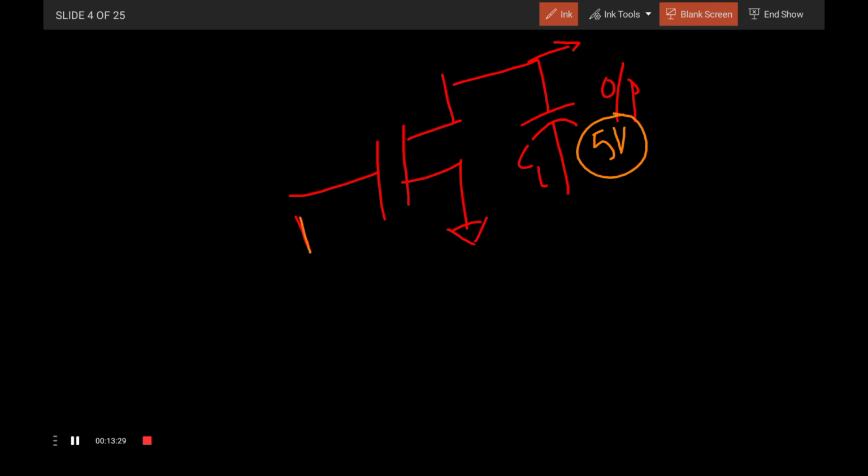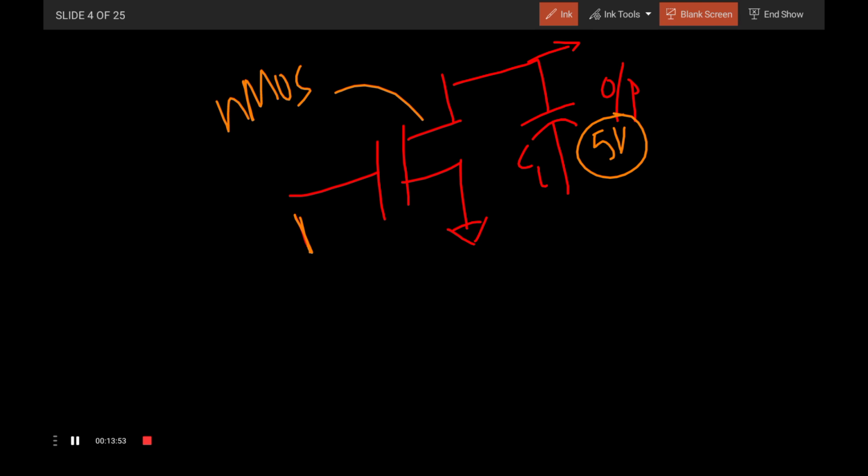Whenever the input voltage logic 1 is applied to the nMOS transistor, I think all of you have this basic idea of the nMOS transistor. Whenever you apply an input of 1, at that time this nMOS transistor is going to be in the on condition. As in the previous two slides, whenever the input voltage is applied to the nMOS transistor, there is a possibility of a channel existing.